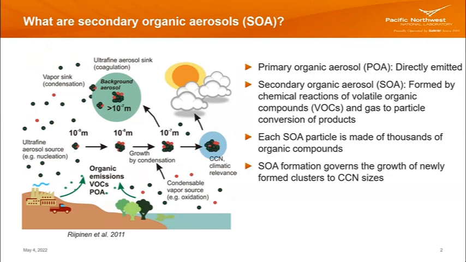And the way SOA or secondary organic aerosol is different is because it starts its lifetime in the gas phase. So you have various kinds of volatile organic compounds, isoprene, terpenes, and also many other VOCs emitted from anthropogenic sources. And these react in the atmosphere and make thousands of oxidation products.